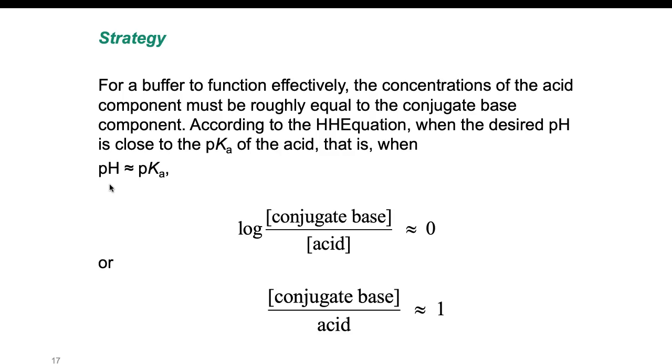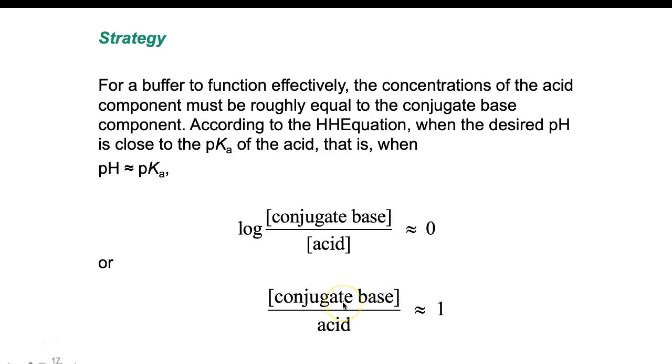According to the Henderson-Hasselbalch equation, when the desired pH is close to the pKa of the acid, that is, when the pH almost equals the pKa, the log of the ratio is equal to 0, which means the ratio of concentrations is equal to 1. So what they're really saying is that these concentrations have to be about 1.